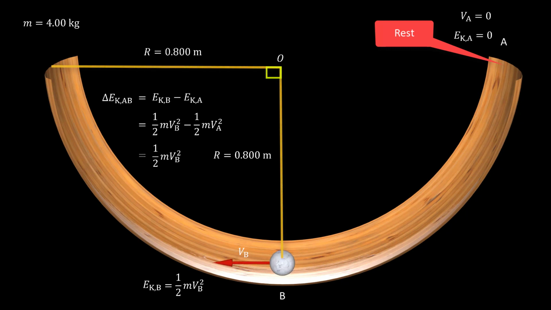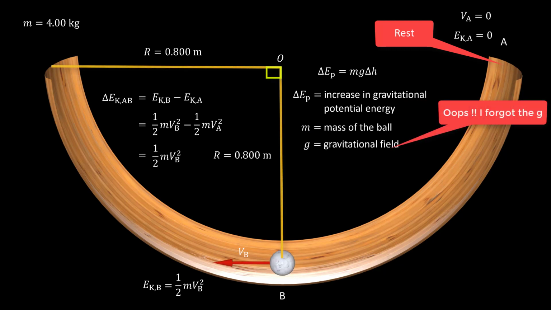To calculate the loss in gravitational potential energy, we need to remember that the formula for the increase in gravitational potential energy is given by delta EP equals to mg delta H, where delta EP is the increase in gravitational potential energy, m is the mass of the ball, and delta H is the increase in vertical height.